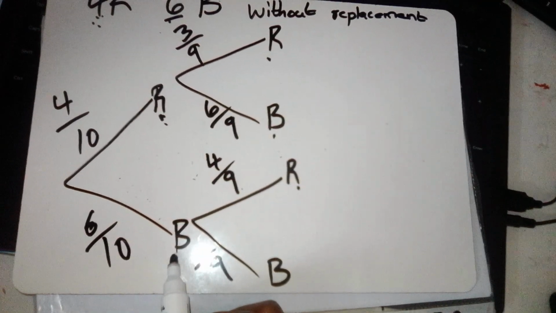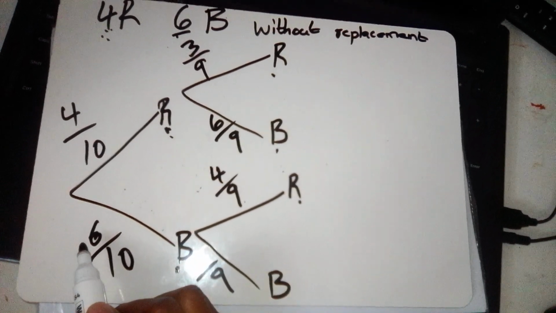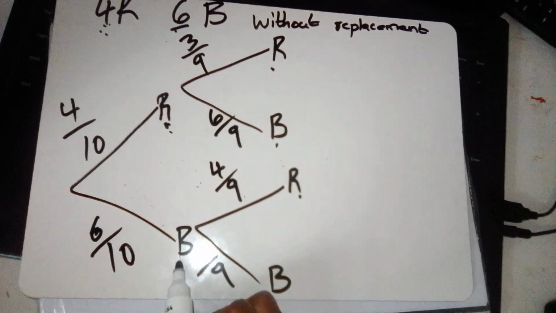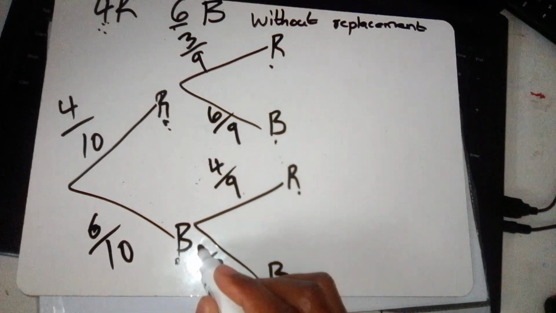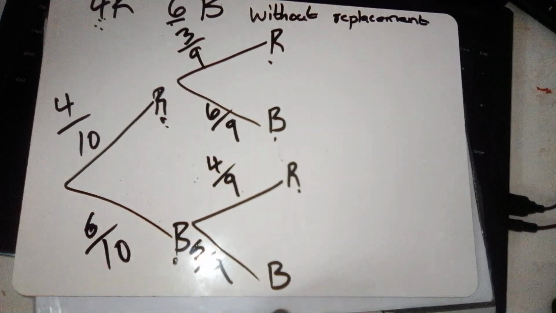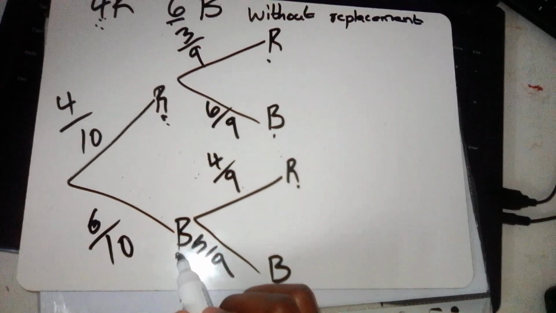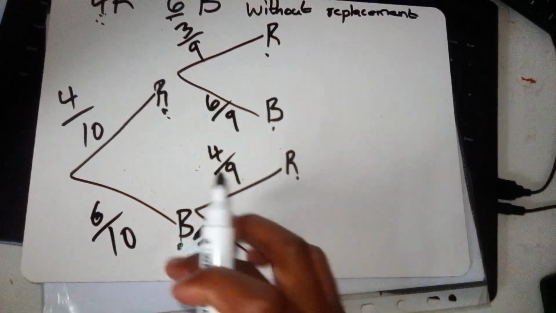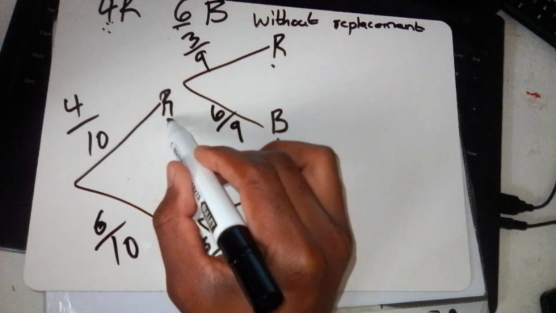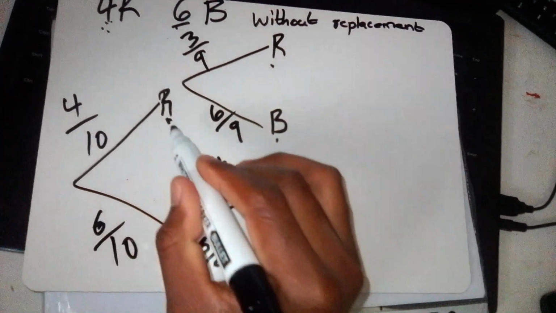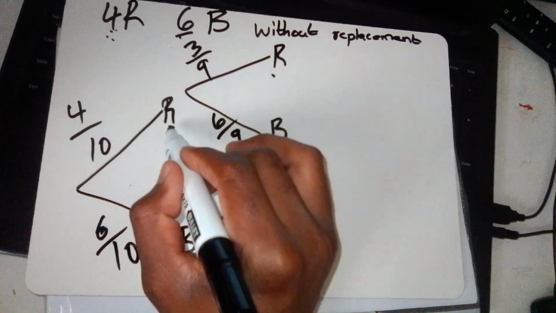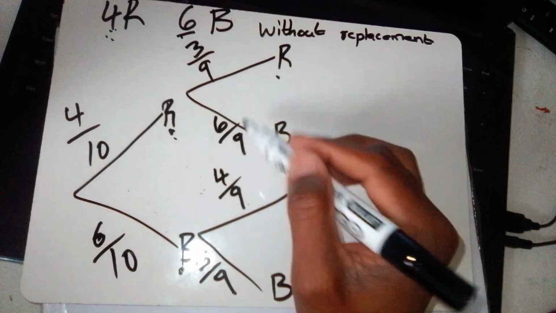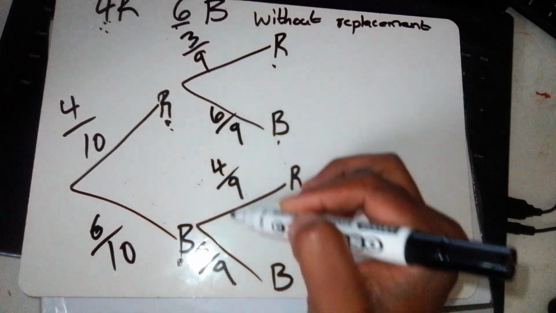If you take out 1 blue ball out of 6, you're left with 5. And the denominator, like I said, if you take out one item from 10, you're left with 9. So we have our denominator as 9 here.